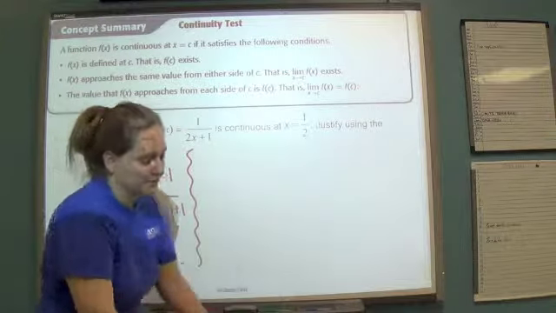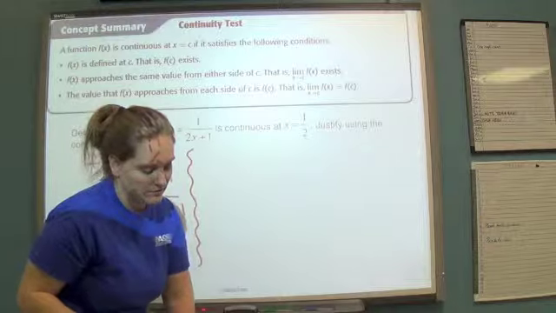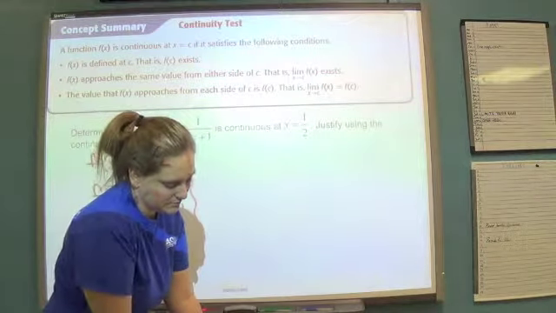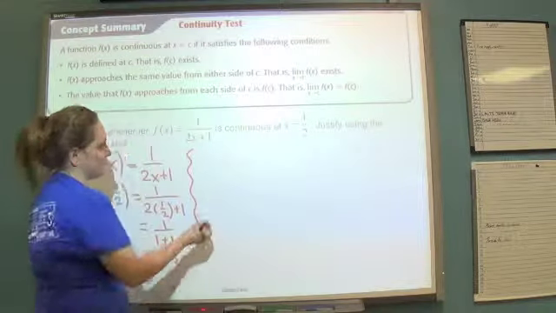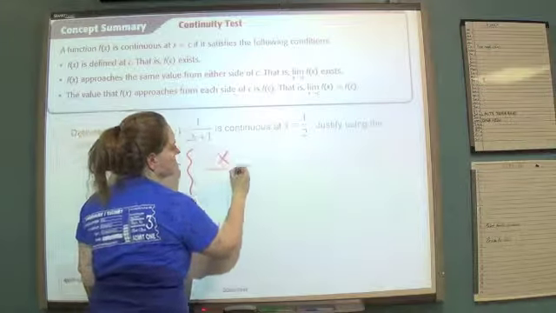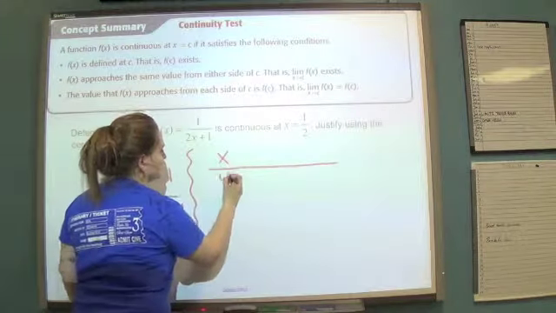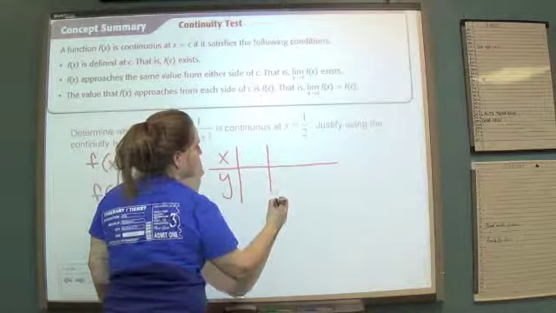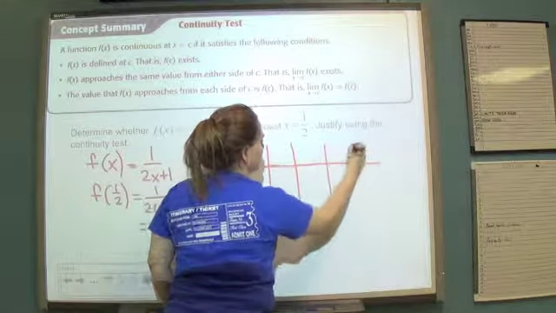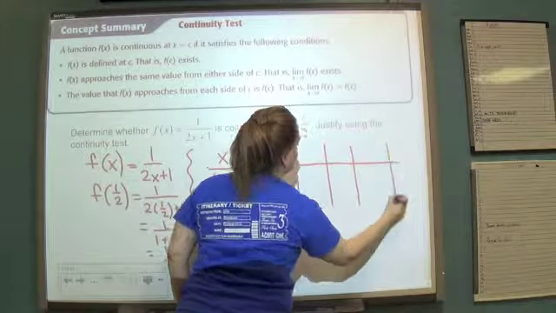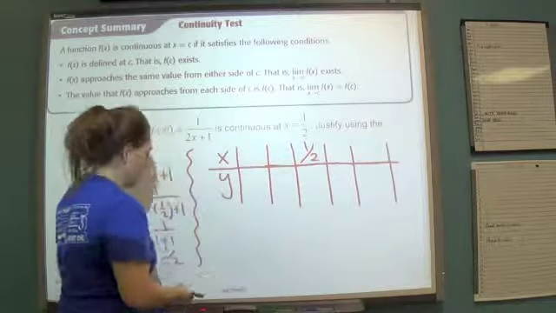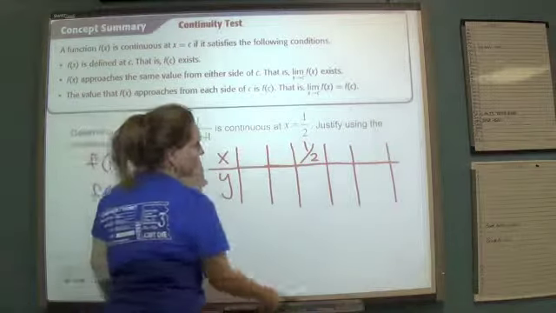Now to the limit part. Alright, so we're going to investigate. What you do is you make a t-chart, and I'm going to do it sideways because it's just easier to tell. We're going to say 1/2 because x is 1/2. Here's 0.5.